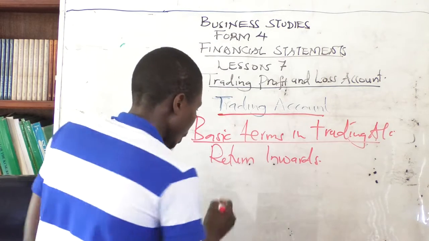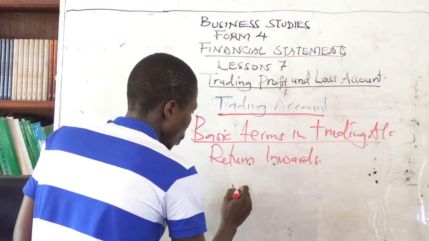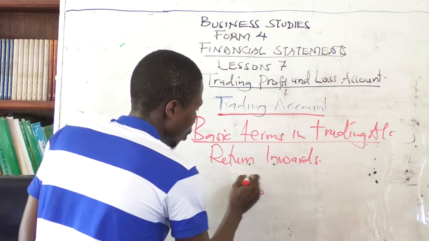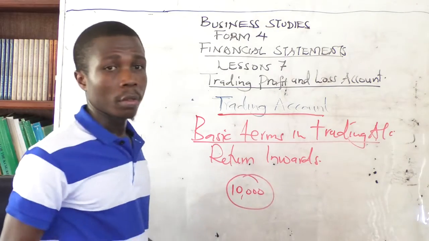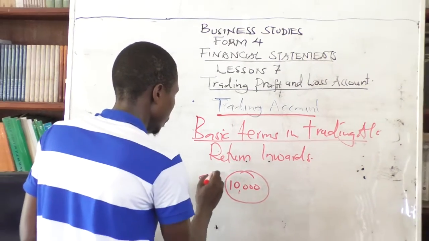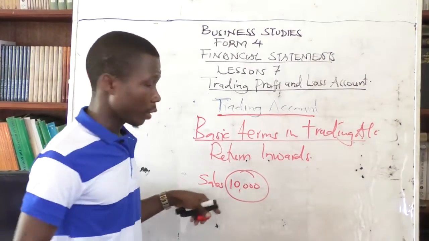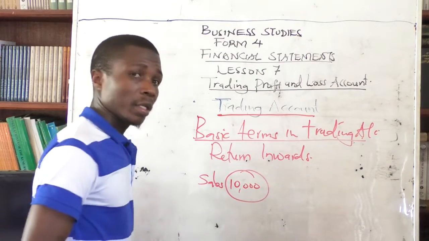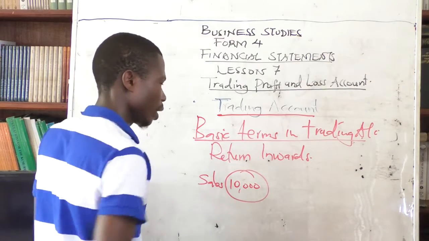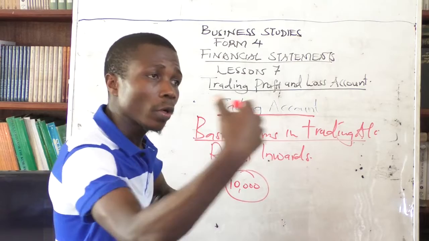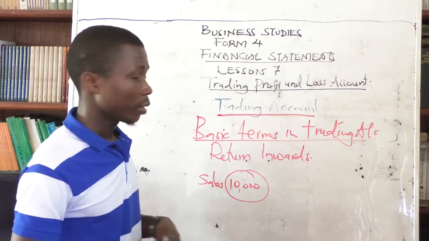In layman's language, let's say you had 10,000. This is total sales. But out of this total sales, there are some goods you sold to the customers, but they returned them.